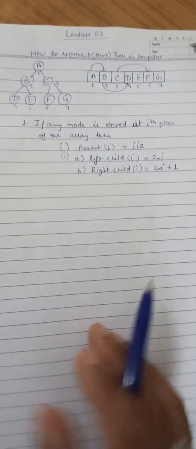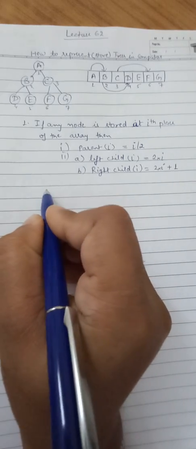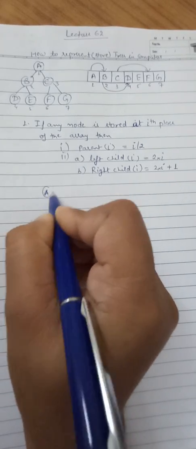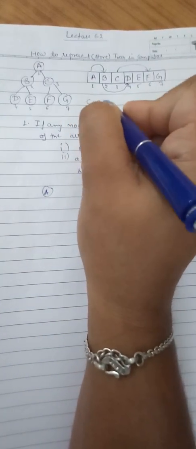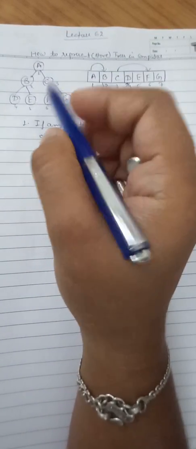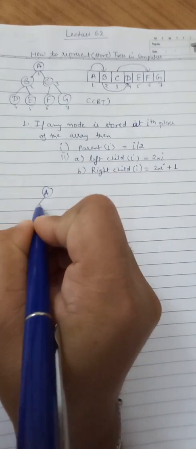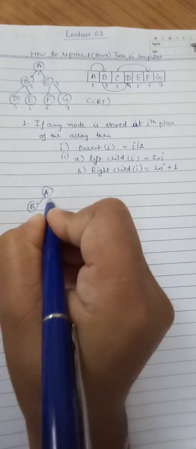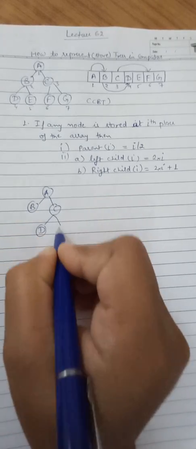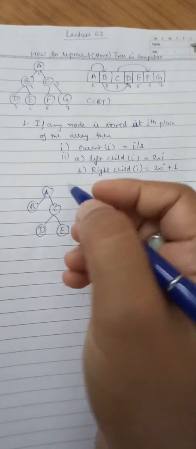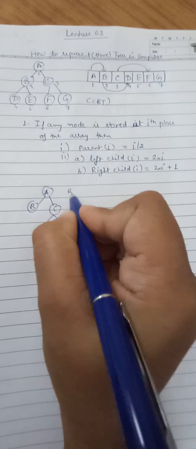Now I'll take another example. Suppose we have this kind of array. This is a complete binary tree. As we know, it has all left and right children. Now we talk about the binary tree with A, B, C, D and E. We know this is a binary tree.